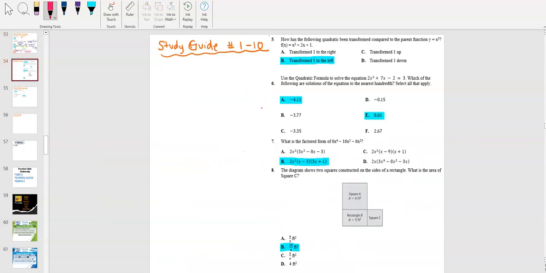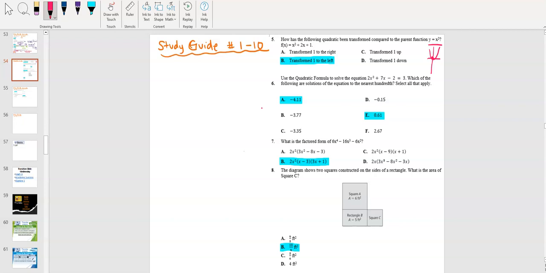On number 5, there's a couple of different ways to do this. The way that we're going to do it is, remember that your parent function starts at 0, 0, right? It's on the y-intercept, it's 0, 0, and it kind of goes like that. So I need to know where the vertex goes in order to know where my new function has moved from the parent function.